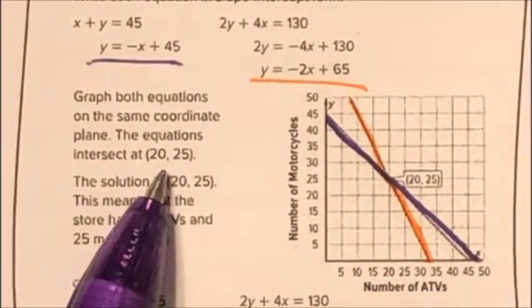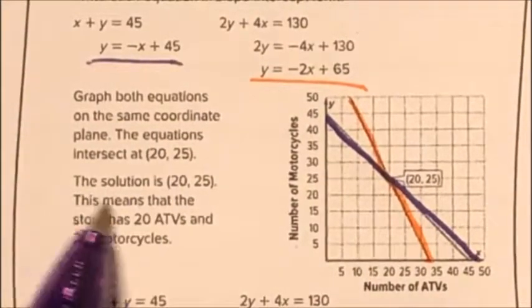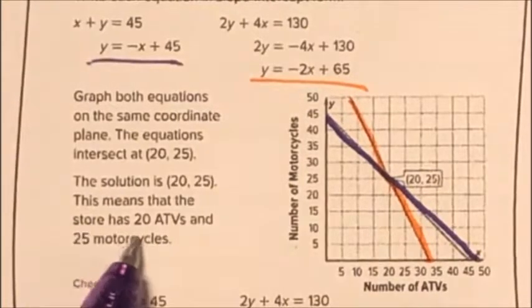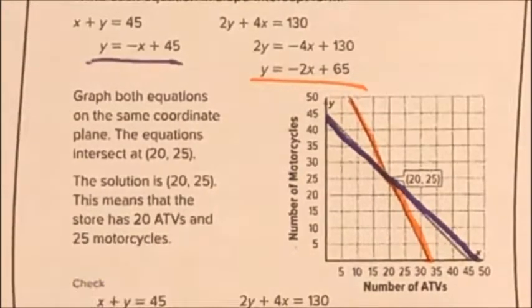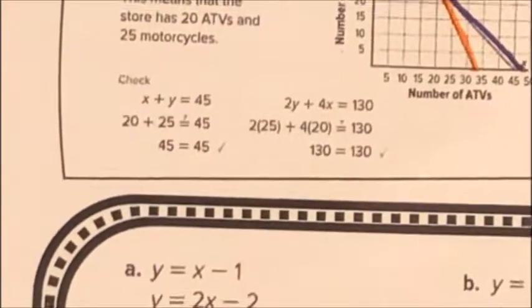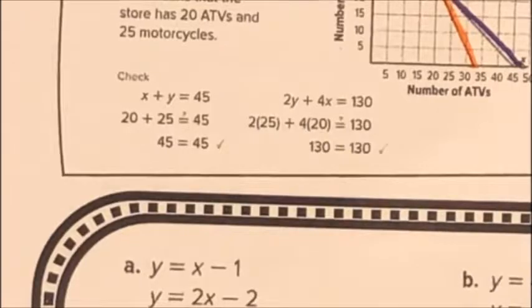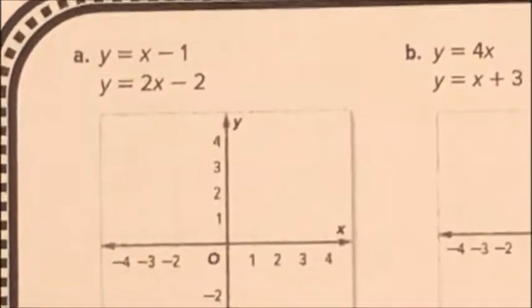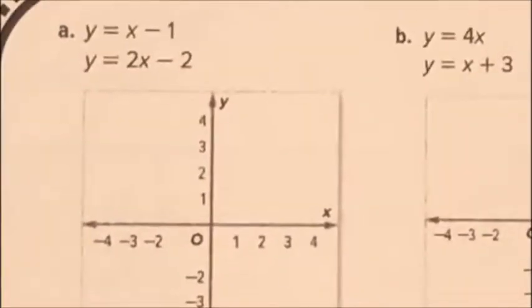The point where they intersect is 20, 25. So the solution is 20, 25. This means that the store has 20 ATVs and 25 motorcycles. That's actually what it means. You can always check your results. There are 3 try problems on this page. Go ahead, pause the video, try them out, and when you are done, we will go over the answers together.